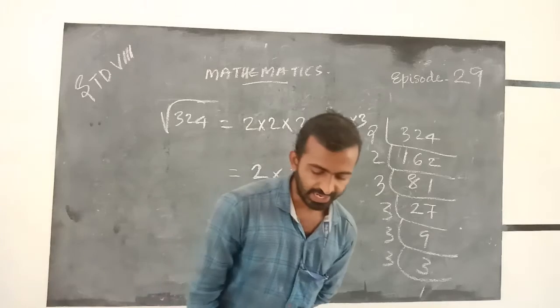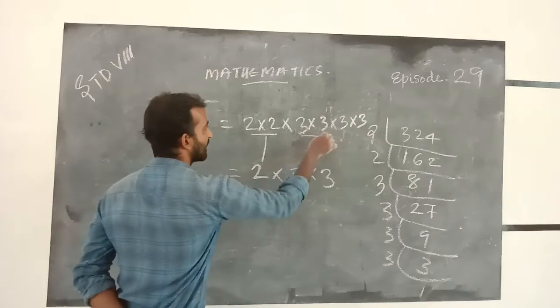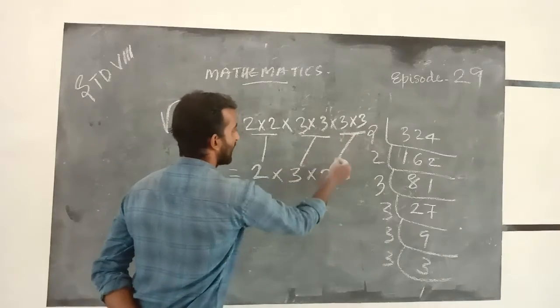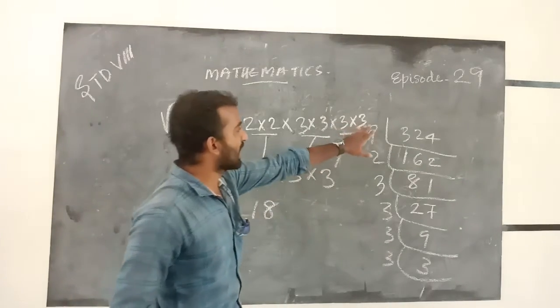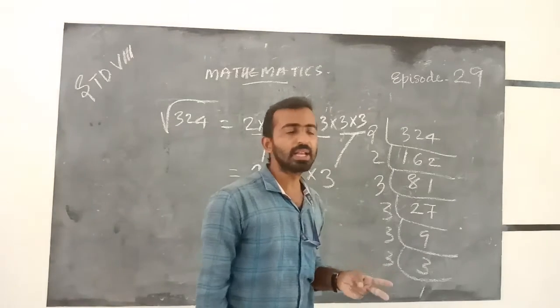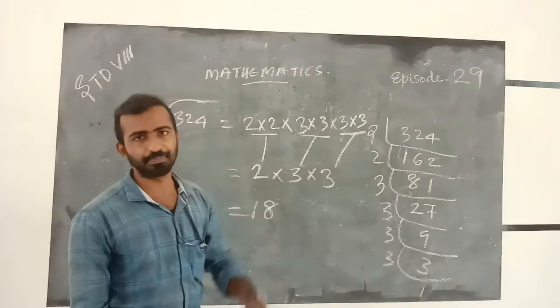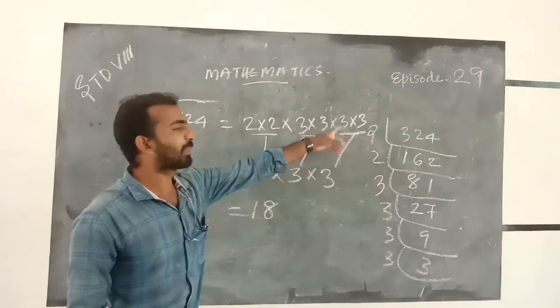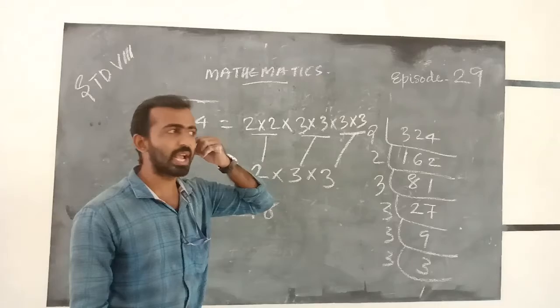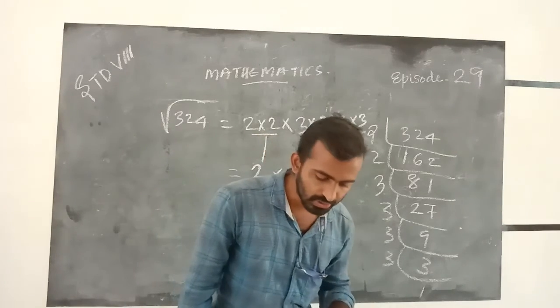So the square root of 324 is 18. If a prime number appears only once, then it has no square root. We want the same prime number twice and write it just one time. If the prime numbers do not come in pairs, then it has no square root.